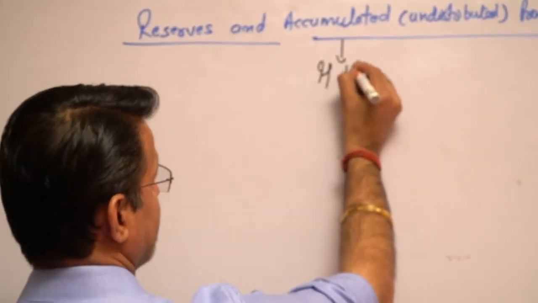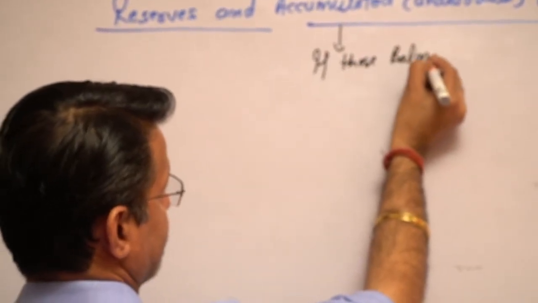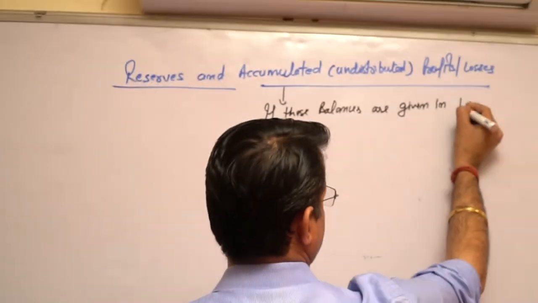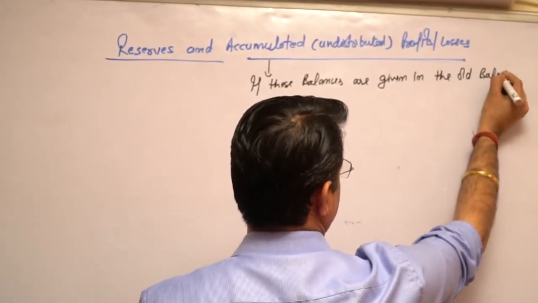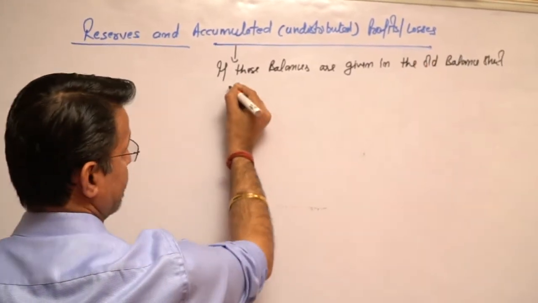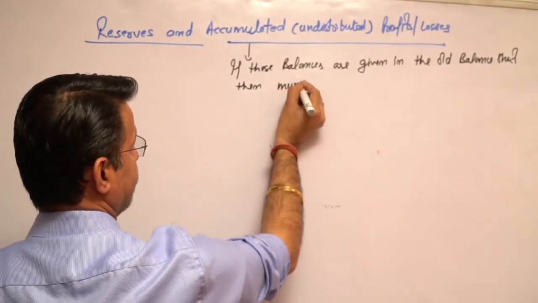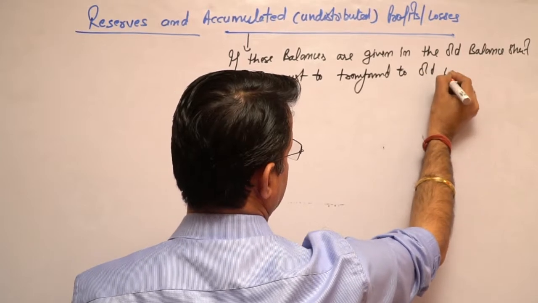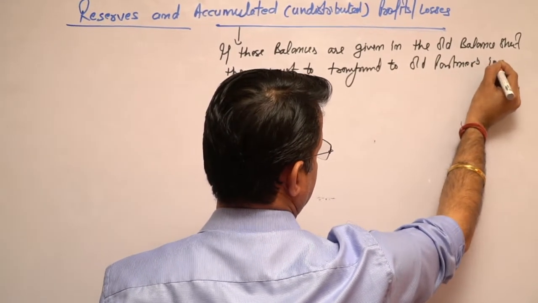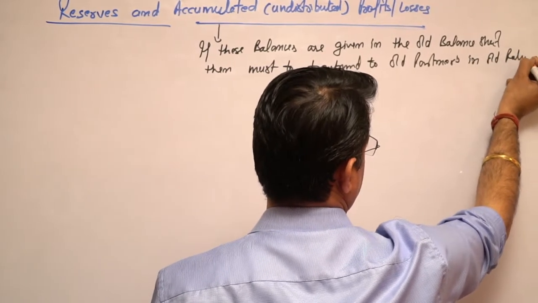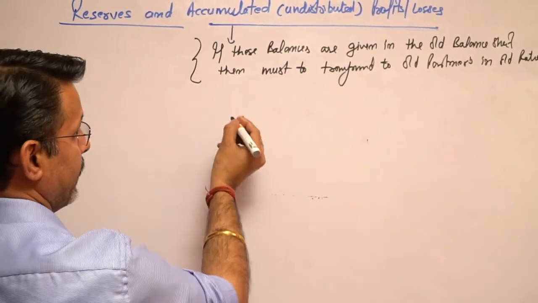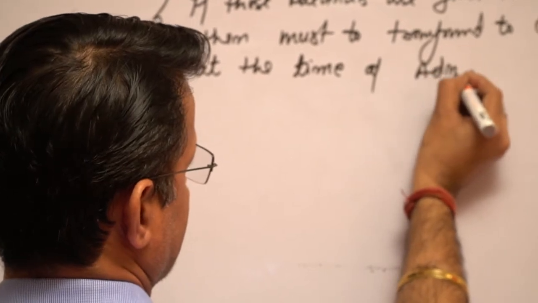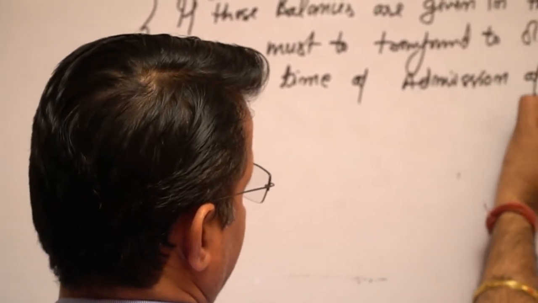If these balances are given in the old balance sheet, then they must be transferred to the old partners in the old ratio at the time of admission of a partner.